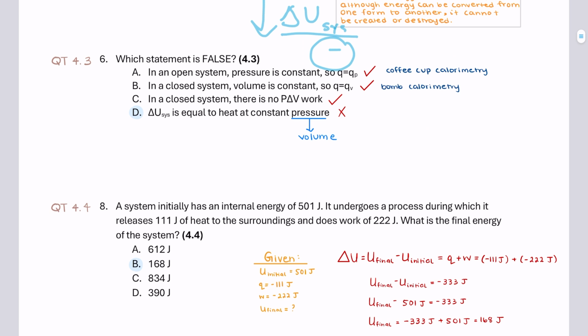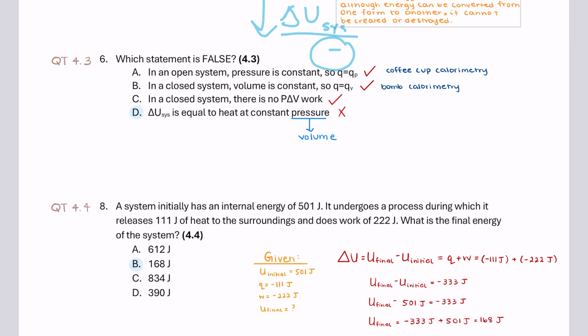Now, problem 6 asks, which statement is false? Let's read A first. A says in an open system, pressure is constant, so Q is equal to Q sub P. This is true.